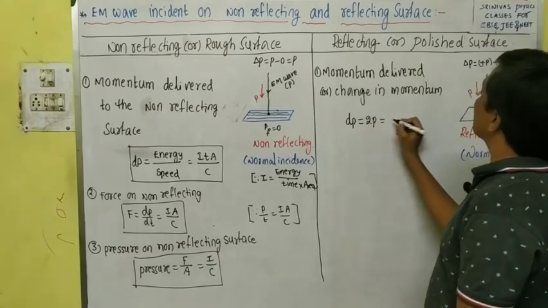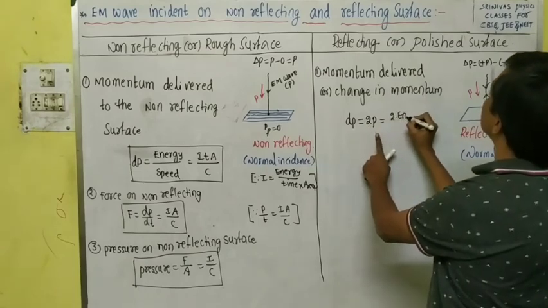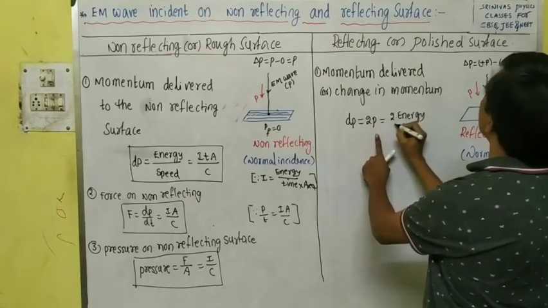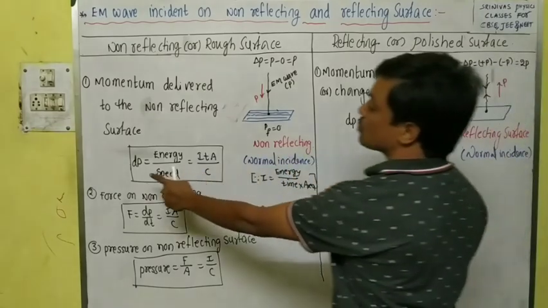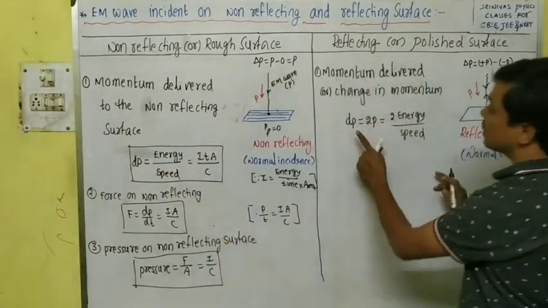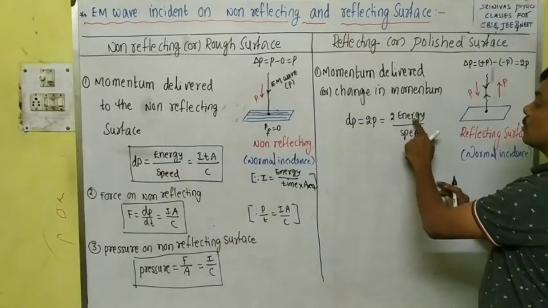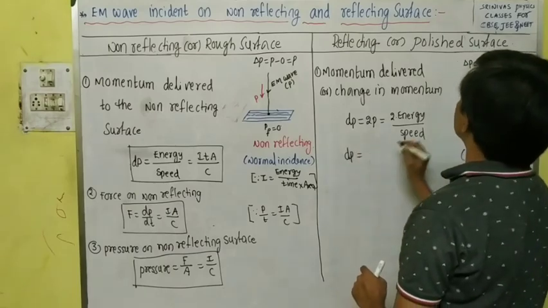What is p? The momentum of the EM wave is energy by speed. In the non-reflecting case the change in momentum is only p, so we write energy by speed, but here the change in momentum is 2p, 2 times energy by speed. dp is the change in momentum.